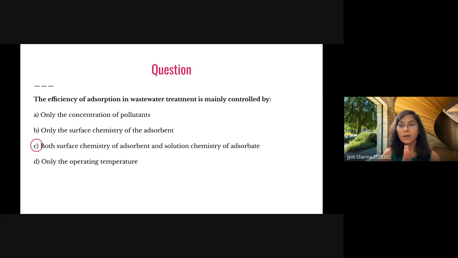Okay, so that's how both the adsorbent and the adsorbate, the chemistry of both of these things, will determine the efficiency of adsorption in wastewater treatment. So that's how C is the right answer.